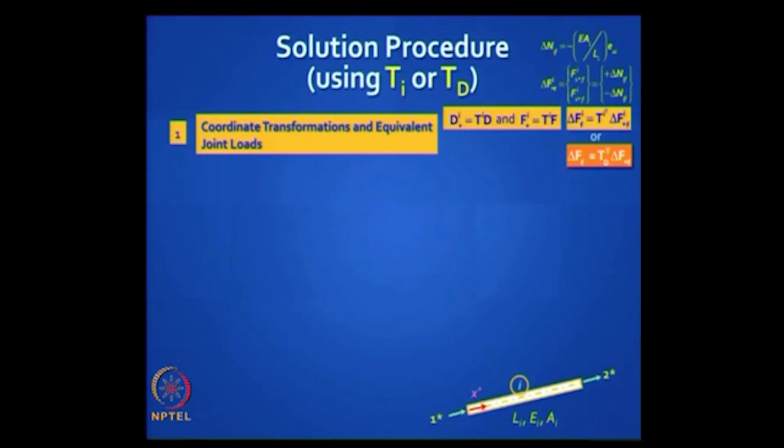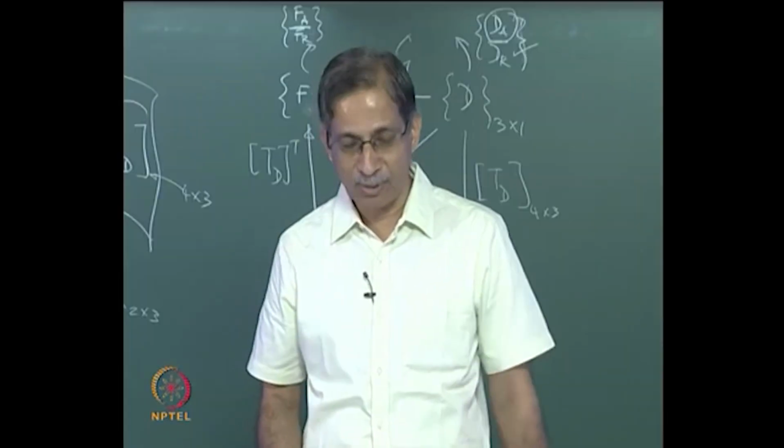Clear? This will give me compression because Ni is turning out to be negative. That is how you do it. So I can find out my fixed end forces, and I get my net load vector, that is Fa minus delta FFA. If you have this combined with intermediate loads, then you have to add that part also.